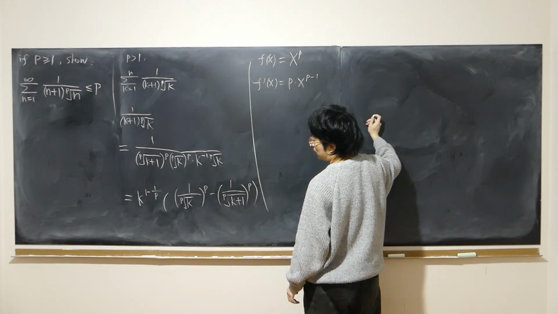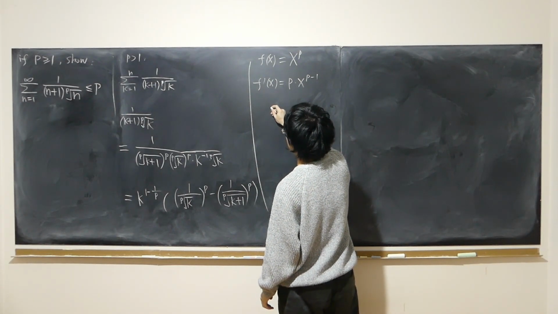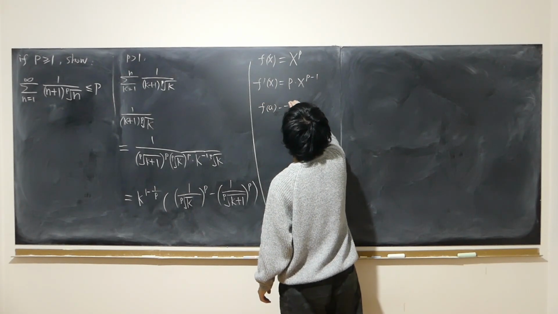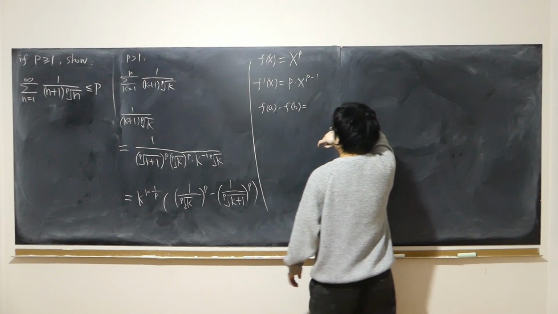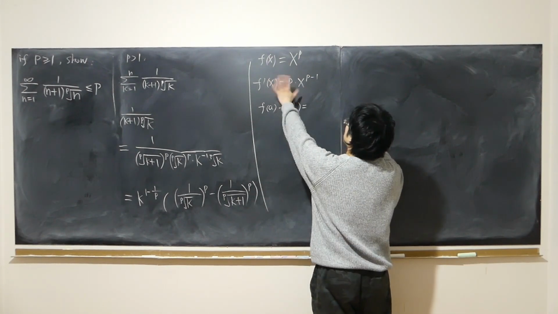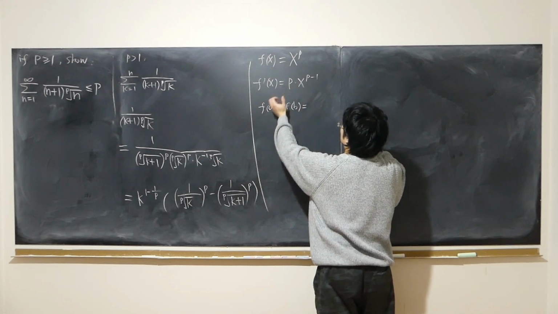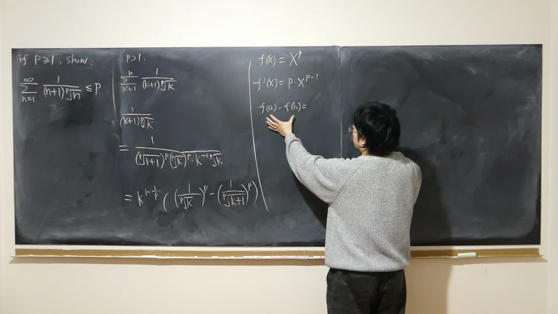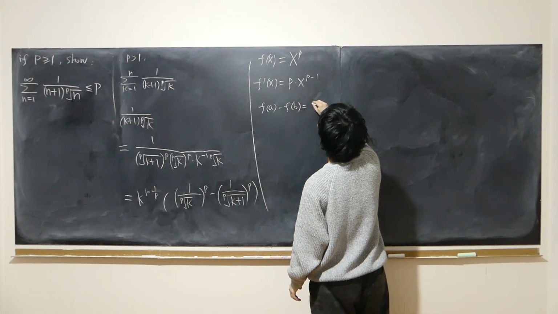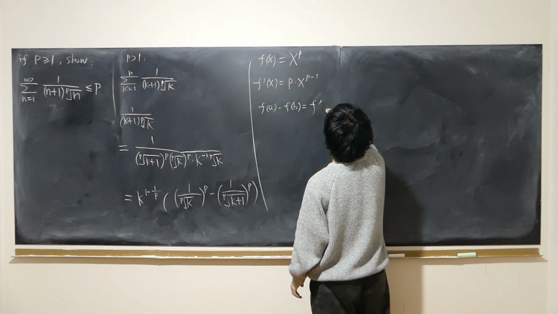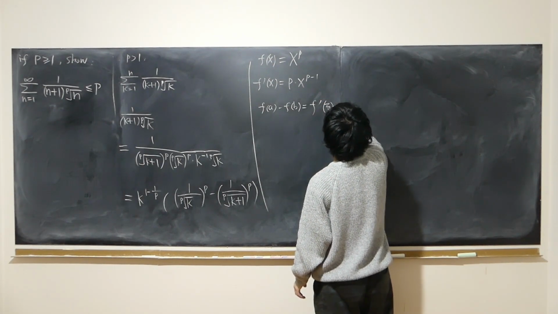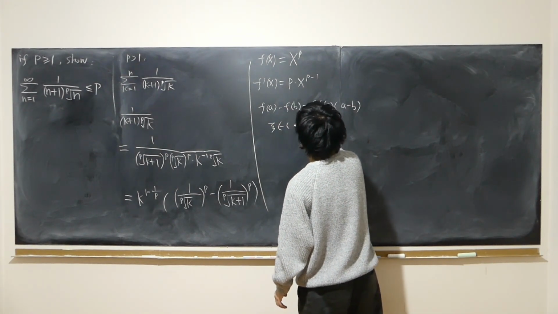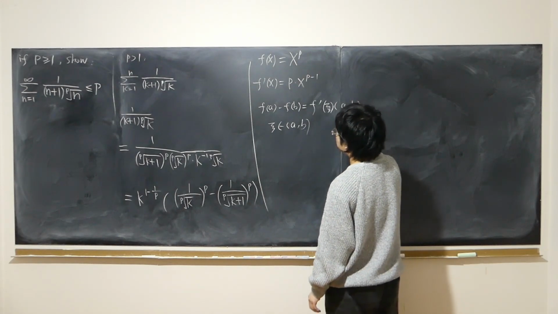So according to the Lagrange mean value theorem of differentiation, f of a minus f of b is equal to, as long as it's continuous over the closed interval ab and differentiable over the open interval ab, then we have the following identity: f prime of c times a minus b, and c is in the open interval.